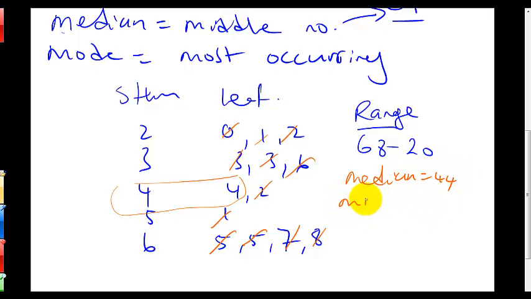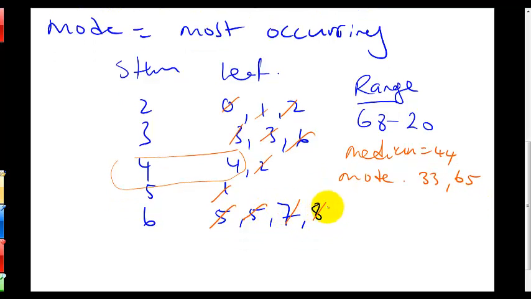All right, mode. Which one occurs the most? Well, there's 2 33s, then there's also 2 65s, so your mode must be 33 and 65. And your average, you just go add them up. Okay, so 20 plus 21 plus 22. There's no other way really. So that's it.